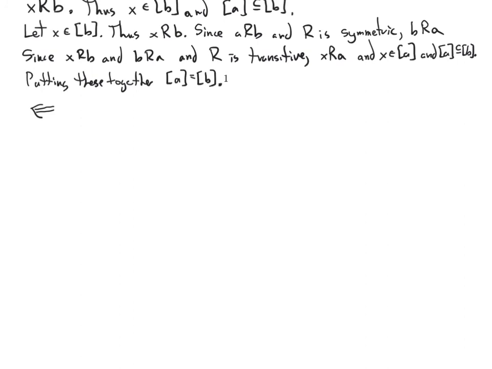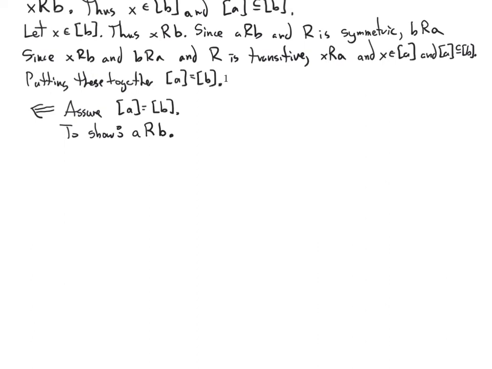Now we're going to assume that the equivalence class of A equals the equivalence class of B. So they have the same elements. And we want to show that A is indeed related to B. So pause the video now, see if you can work this out.